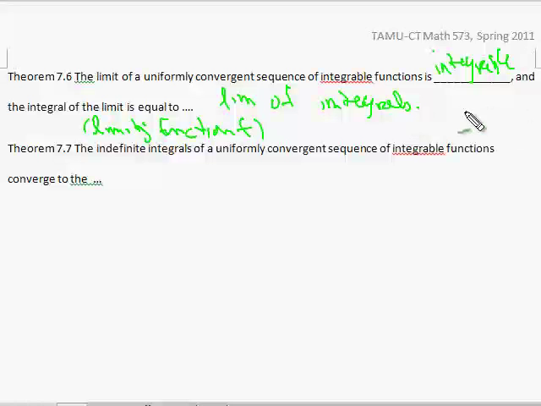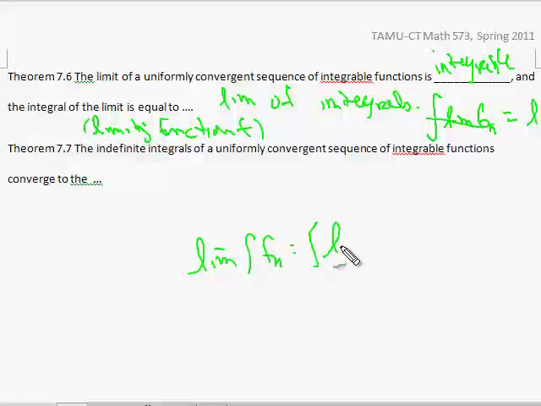The way you'd write that is the limit of the integral of fn is equal to the integral of the limit of fn. You can exchange limit and integration only if you have a uniformly convergent sequence.